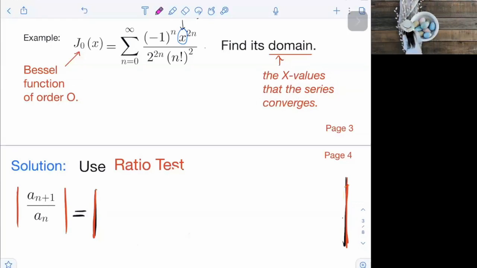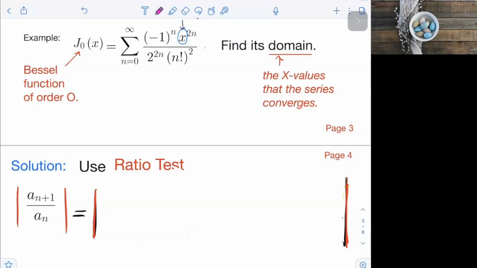Okay. So first of all, substitute m+1 in it to get a_{m+1}. So a_{m+1} is going to be the a_n with n replaced by m+1. We have this 2 times (m+1).